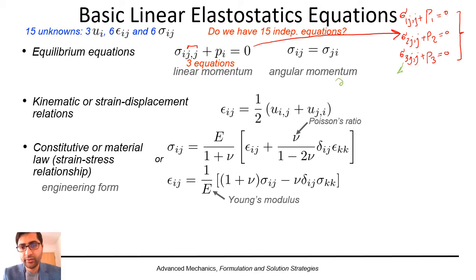So it's going to be partial sigma_31 over partial x1 plus partial sigma_32 over partial x2 plus partial sigma_33 over partial x3 plus p3 is equal to 0. And the same we have for the other 2 relations. So there are our 3 equations from the linear momentum relation.